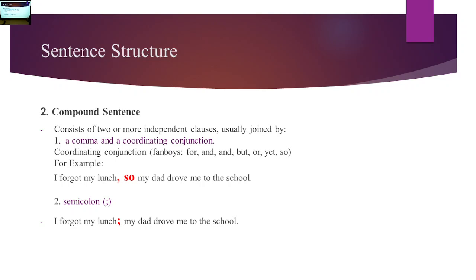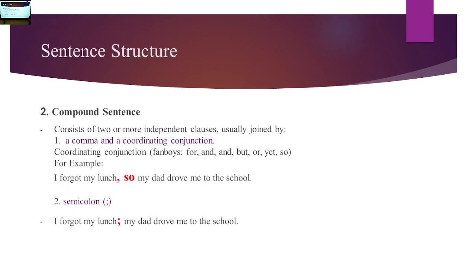The second way to join these sentences is to remove the comma and the coordinating conjunction and replace them with a semicolon. So you say, I forgot my lunch; my dad drove me to the school. Okay, these are the two ways to join the two independent clauses that make one compound sentence.